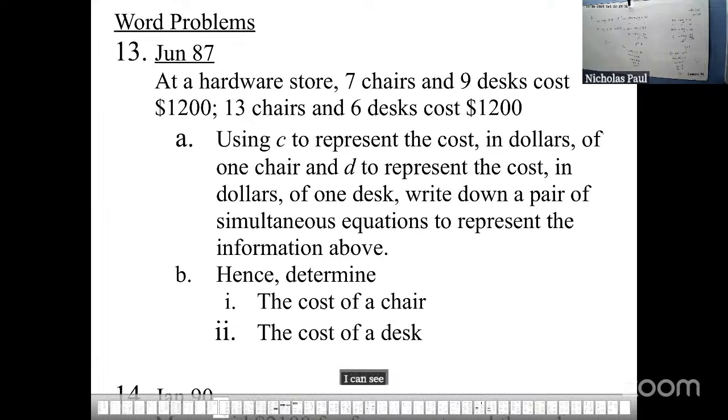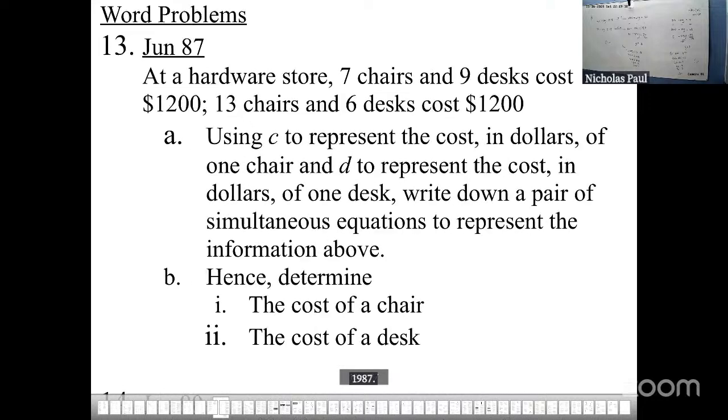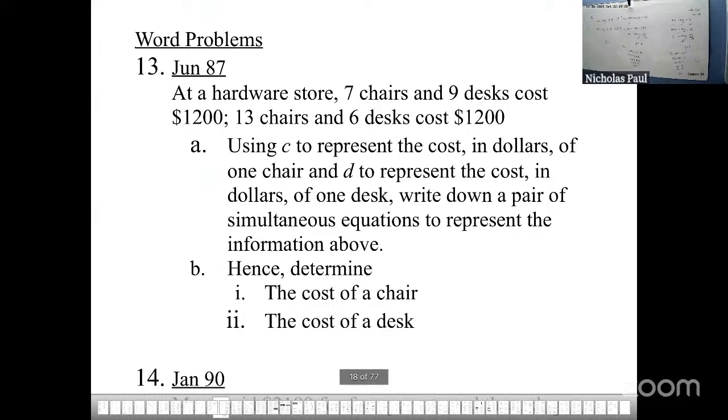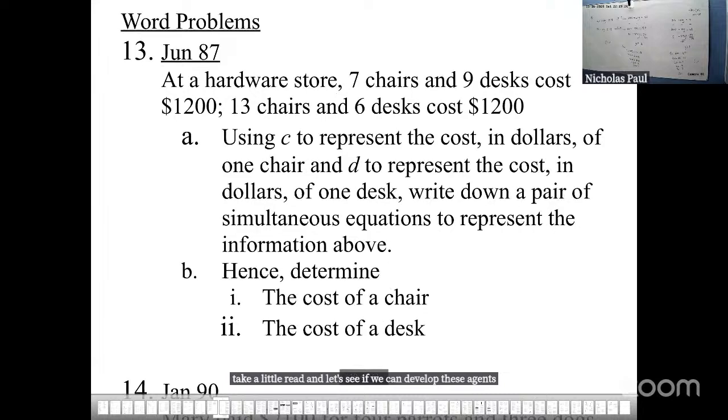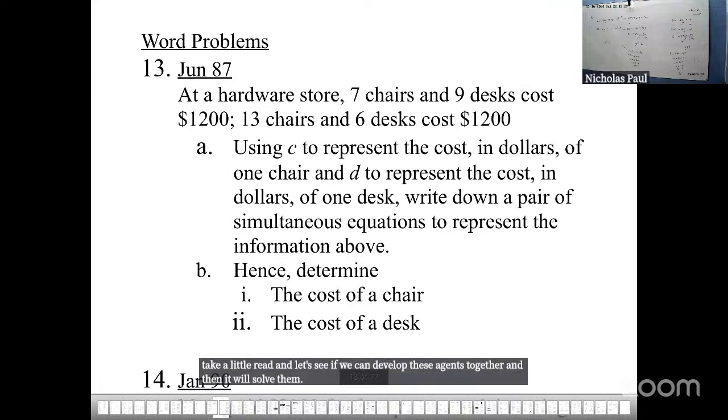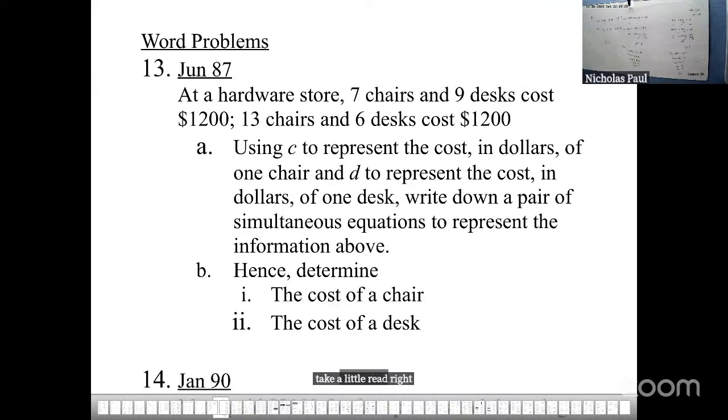Take a little read and let's see if we can develop the equations together and then you will solve them. So C is for a chair and D is for a desk. Take your time, right? Within there, you have 2 equations that you have to solve simultaneously. Okay? You have 5 minutes.